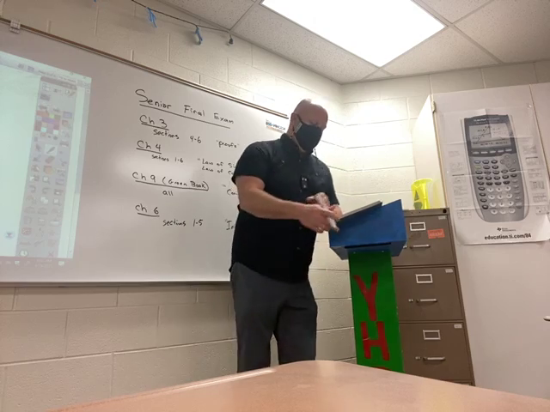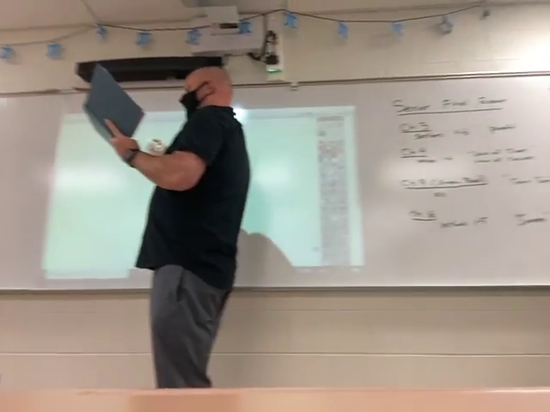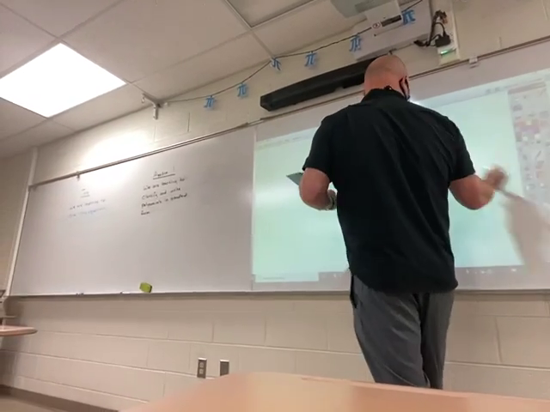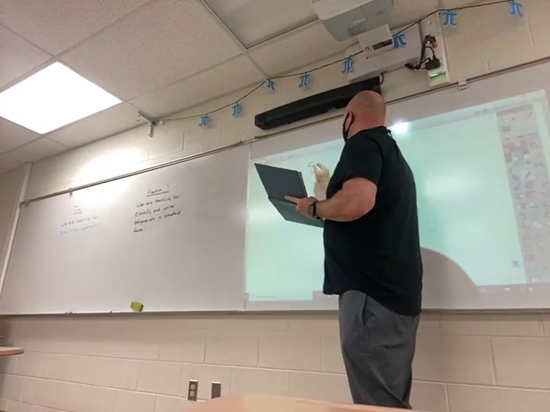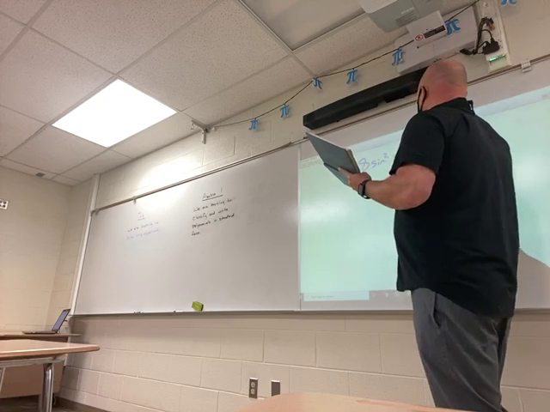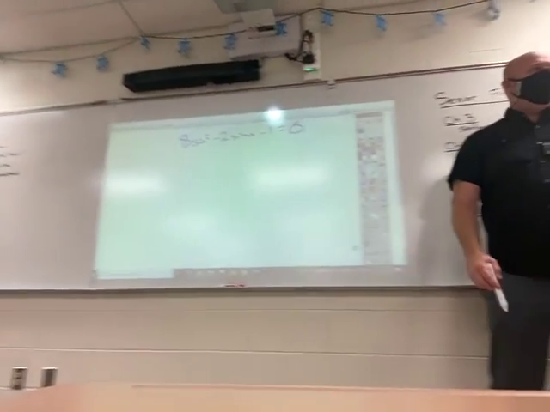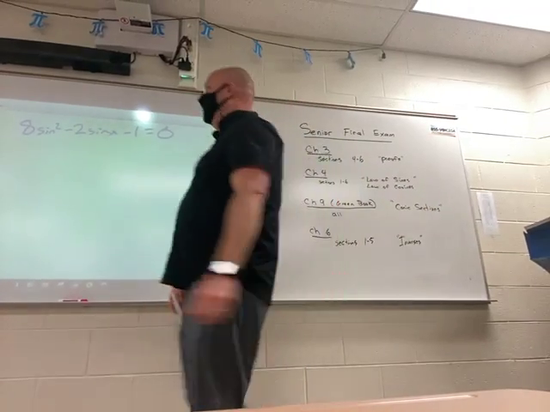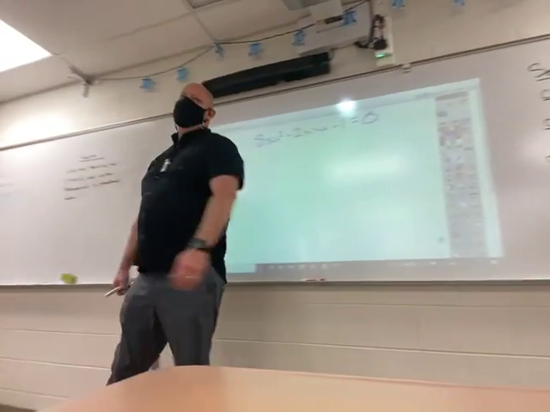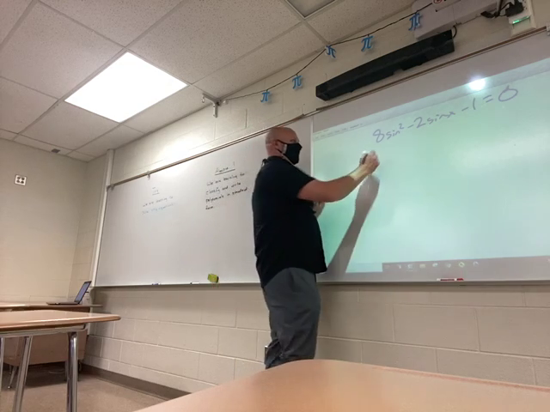Ooh, we should do that one, because I don't think those are right. So, number 10 says 8 sine squared minus 2 sine minus 1. Will that factor? Yes, it will. What 2 numbers multiply to 8 and subtract to 2? 4 and 2.